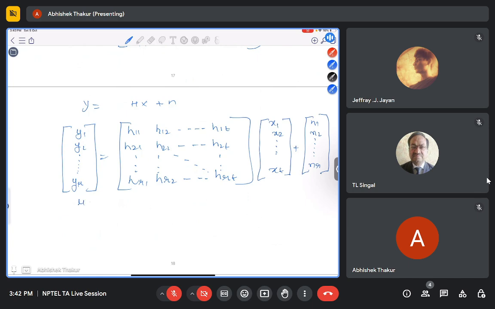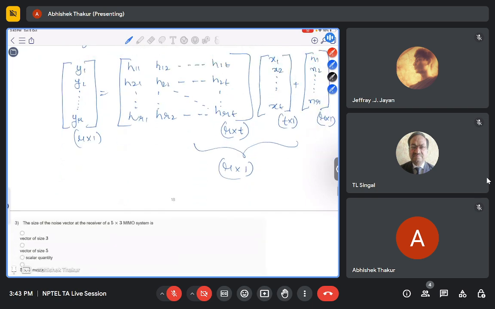So our Y vector is R cross 1, H is R cross T, with R rows and T columns, X is T cross 1 and noise is R cross 1. So the multiplication gives R cross 1, and the dimensions on the left side and right side are equal.